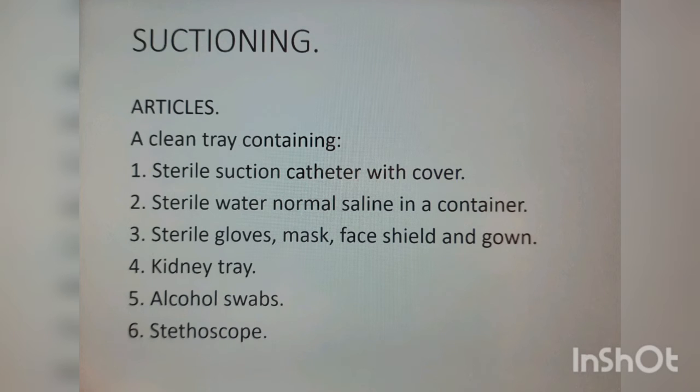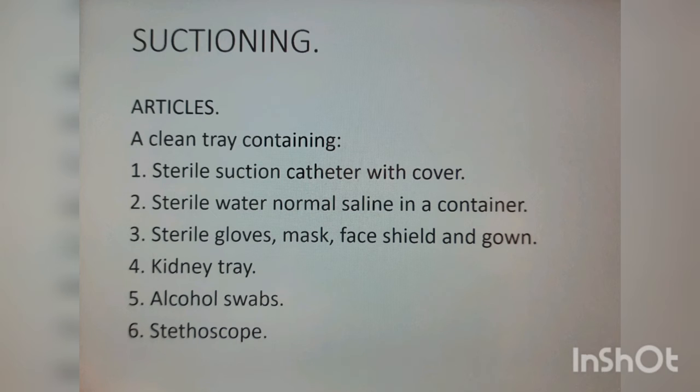Before going to the procedure, we'll see first what are the articles needed for suctioning. In suctioning, we have to have two trays: a clean tray and a sterile tray. First, the articles to be kept in a clean tray: a sterile suction catheter with cover.